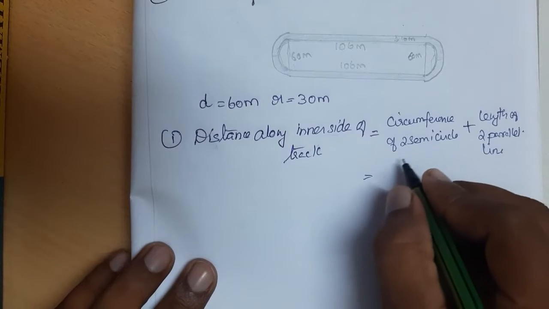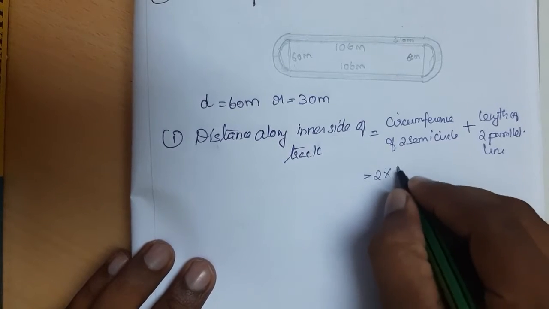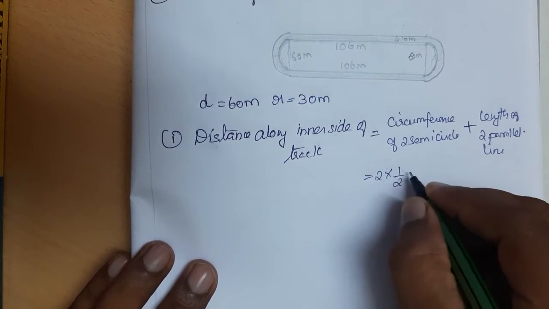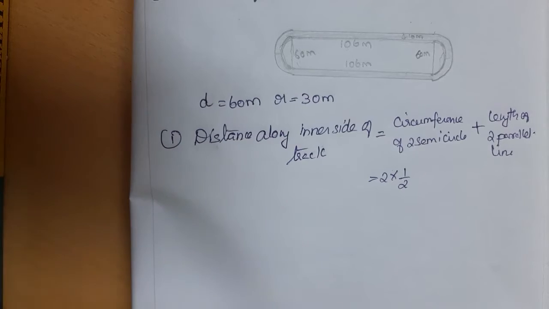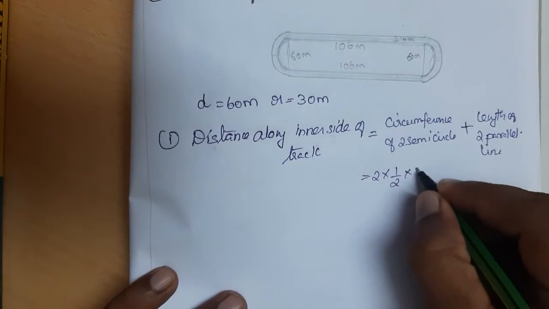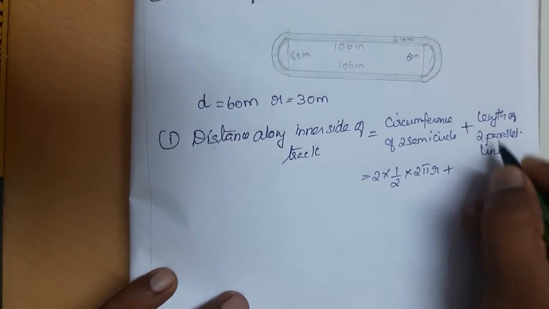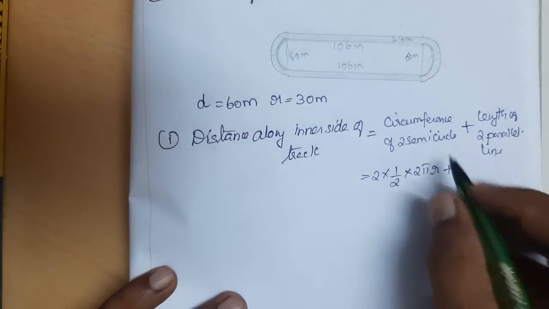So this is a semicircle, right? So two semicircles, two into half of the circle, the circumference is 2 pi r, plus these two lengths, 106 plus 106.